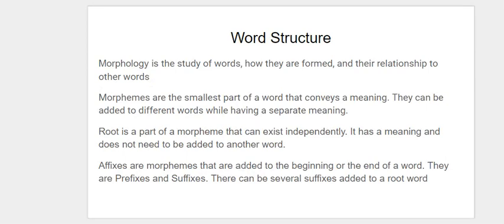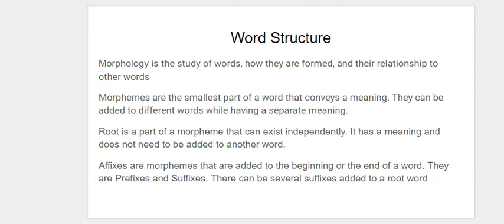Word structure. The word structure of a word is usually made up of a root word and affixes and morphemes. Morphemes or morphology is the study of words and how they are formed in their relationship to other words.